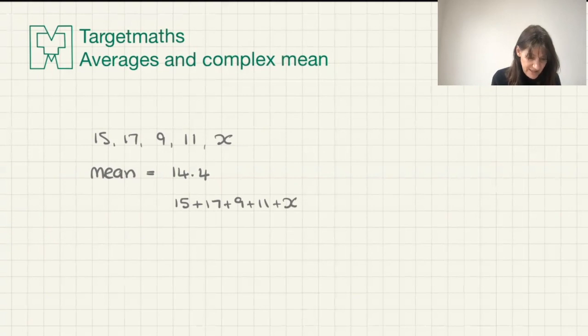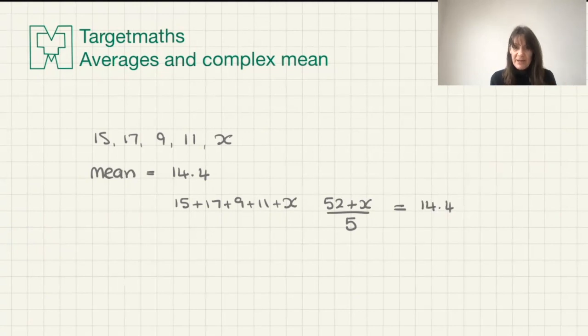So when I've added that, I will get 52 plus X. I can't get the X into the 52 because I don't know what number it is, but I can tidy all those numbers up. So you add them all up, you divide by how many are there, which is 5 numbers in total, and you know, because of the story, that that equals 14.4, because that's the mean.